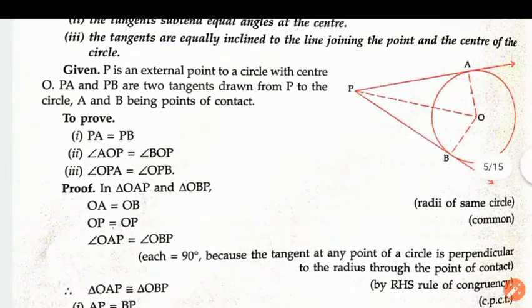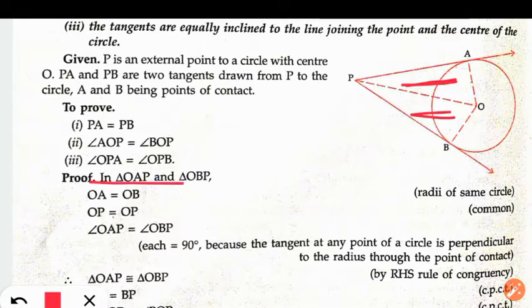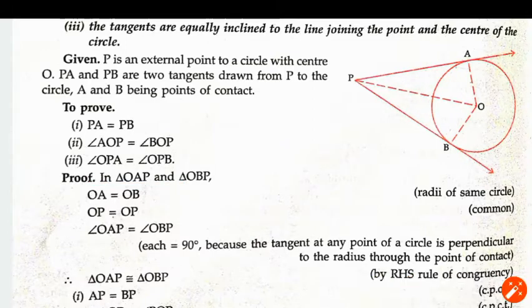Now come to the proof. So take these two triangles, triangle OAP and triangle OBP. Now in these triangles, can we say OA must be equal to OB, because they are the radii of the same circle, right?